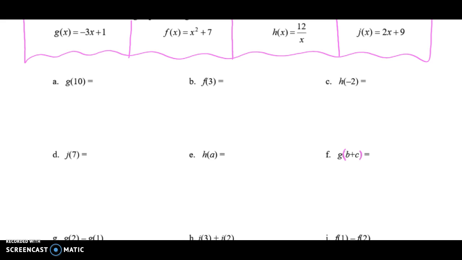To get you started, maybe I'll just show you that one. And then just know when you plug in a regular number, it should all simplify down to a single number answer. So with g of x, what is g of b plus c? Again, g of x is negative 3 times x plus 1. So wherever I see an x, I have to replace it with this quantity b plus c.